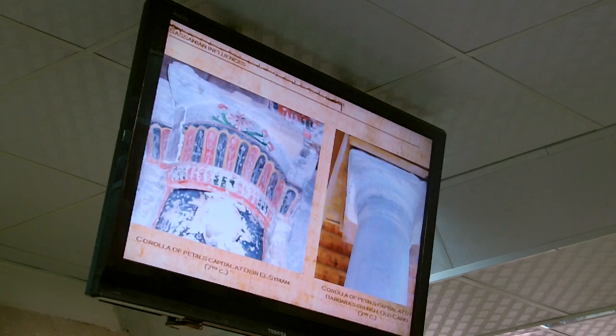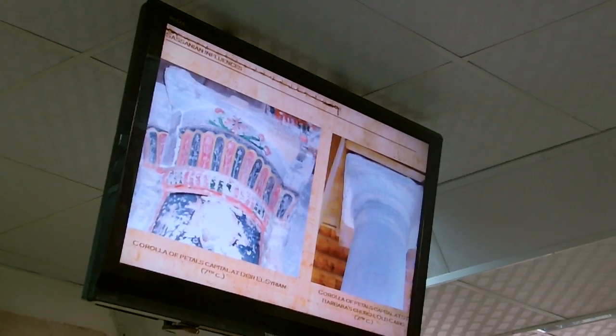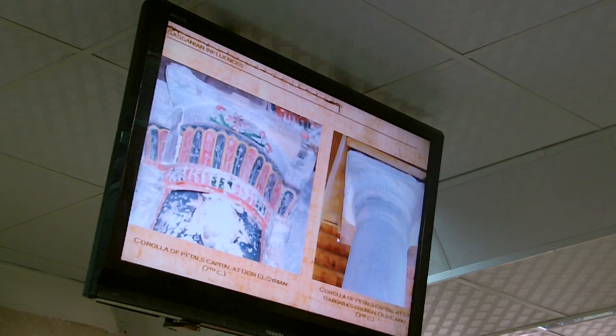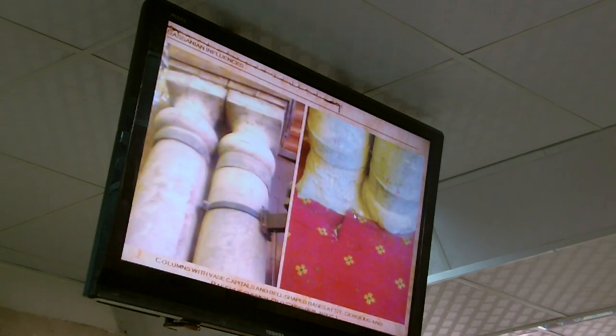This column here from the Syrian monastery also shows the protome pattern, and the one from St. Barbara's Church, Old Cairo. We have base capitals here, Hussein Church, and inverted ones, inverted capital bases.